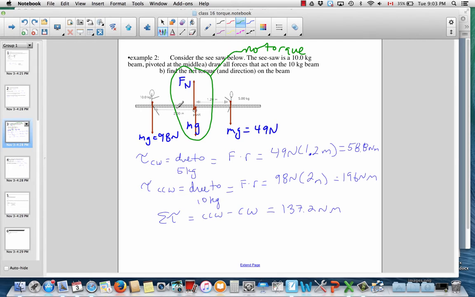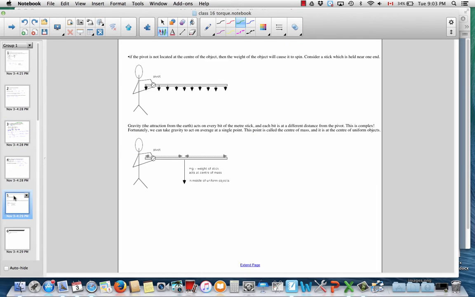Okay, but if the pivot point were somewhere else, then we would need to consider the torque created by the gravitational force, by the weight of the object. Now, that at first glance may seem difficult because every little bit here has some weight, obviously, right? Every little chunk of the meter stick, and different weights are at different distances from the pivot point. But there's a simplifying concept, and that's known as the center of mass.